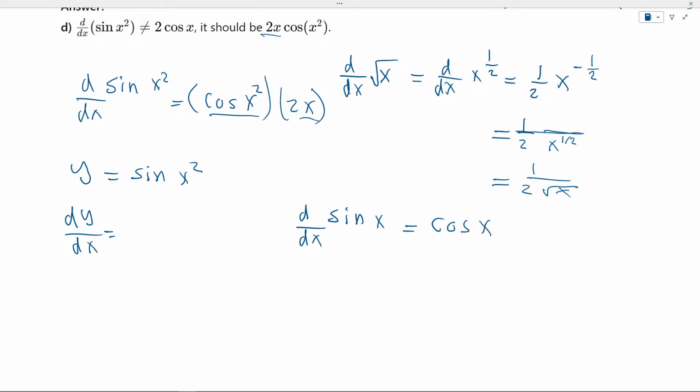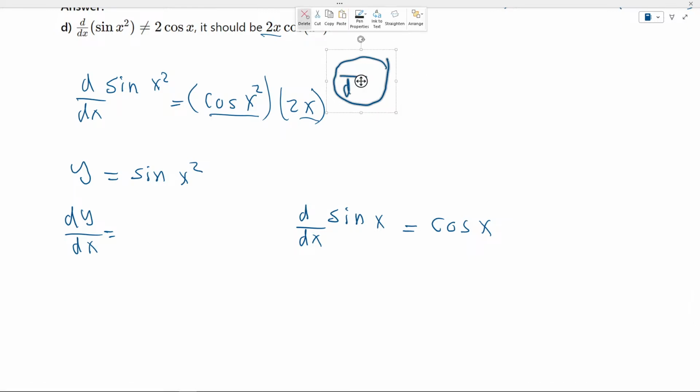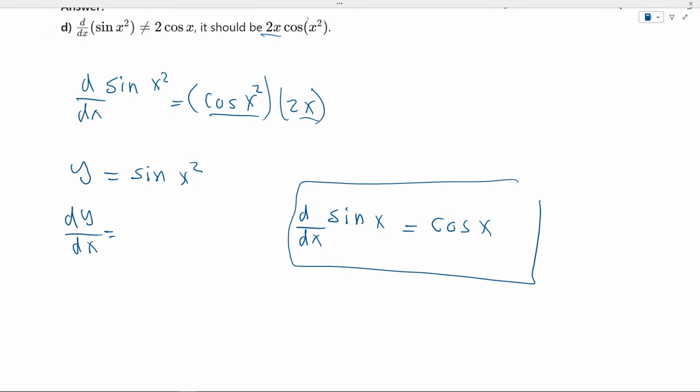Okay, so that's our rule. But unfortunately, this is x, not x squared. I know I can do a trick; it's not a problem.